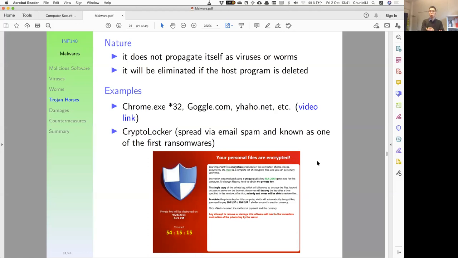And why do they wait for this special time period? Why don't they directly run it in the victim system? It depends on the real purpose and intention of the virus.